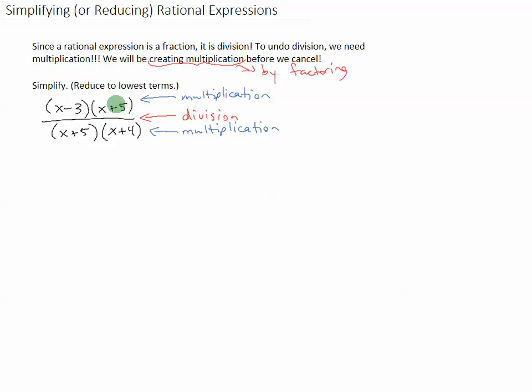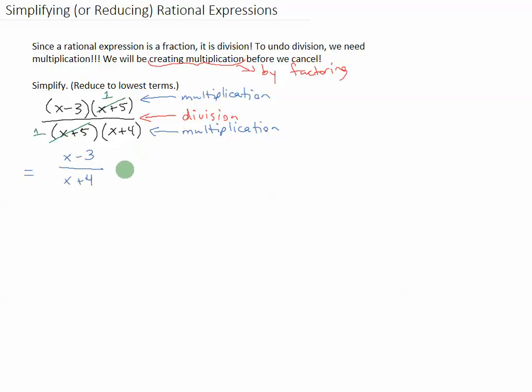So in this case, x plus 5 divided by x plus 5 is 1. So we cancel those and replace them with 1's. And we end up with a new rational expression that says we have x minus 3 times 1, which is x minus 3, over 1 times x plus 4, which is just x plus 4.